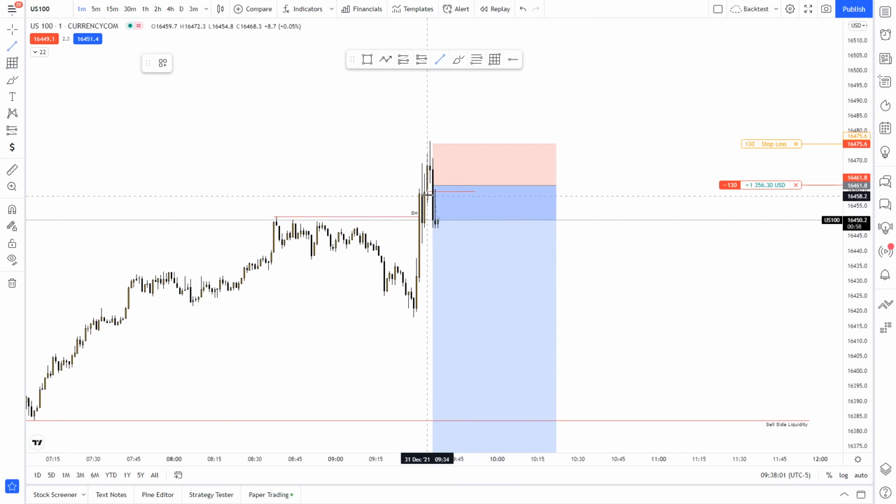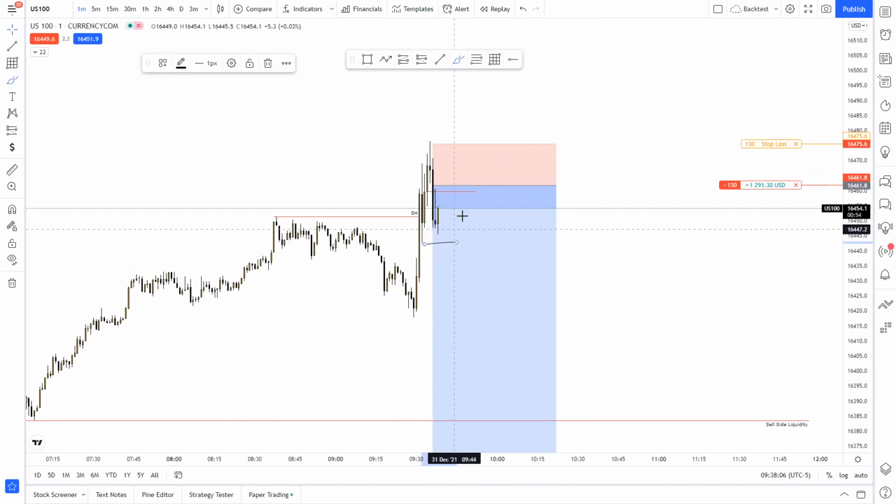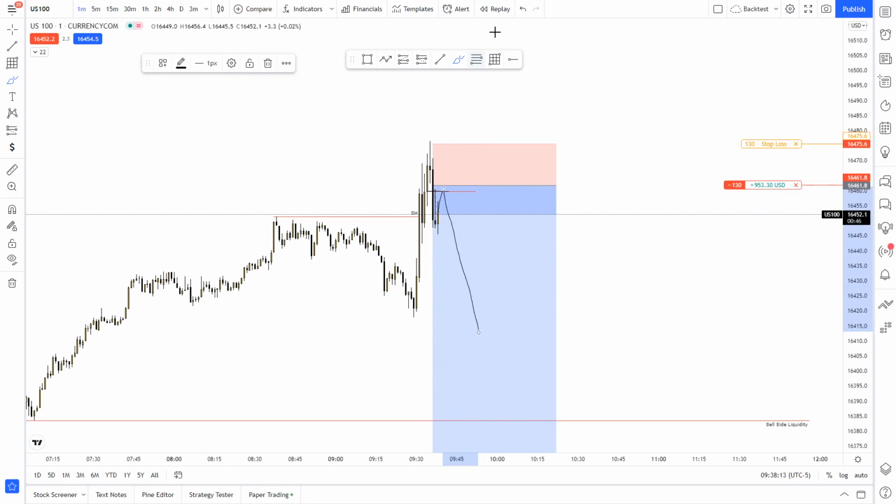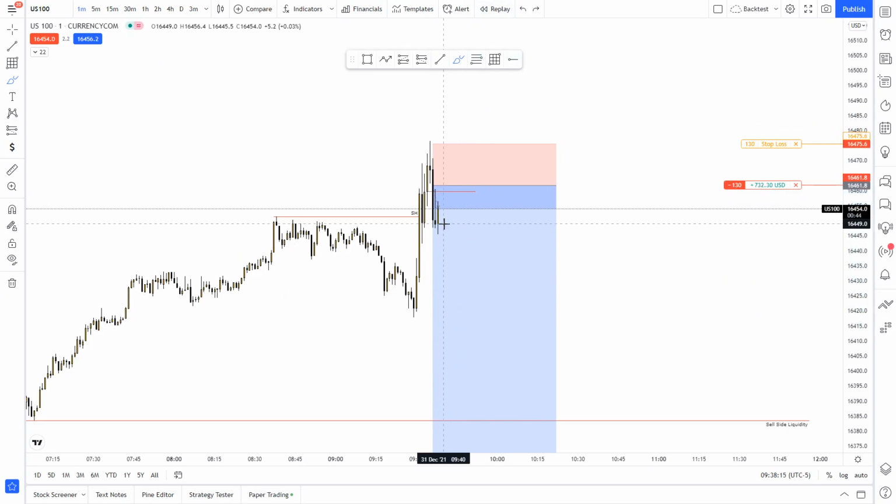However, what you can do now is, after price breaks this low, or right now, we should see price retracing into this order block potentially and just breaking down, or you can just enter right here.